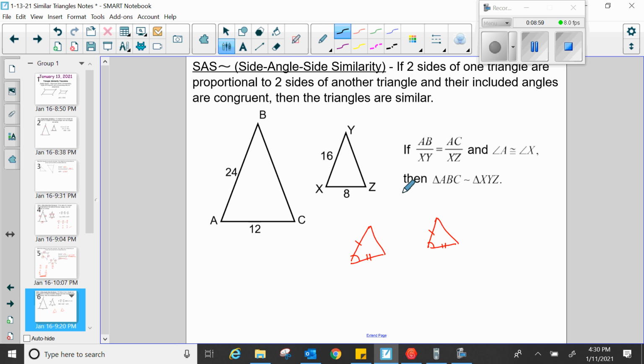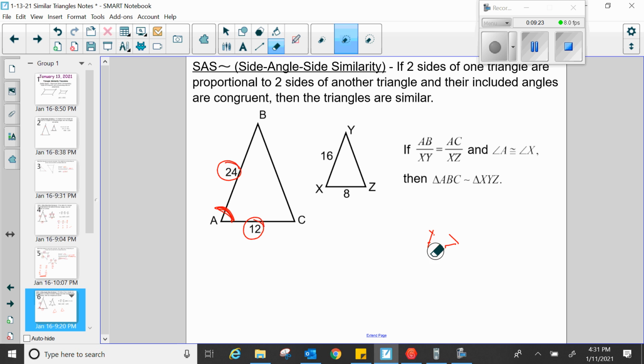You're still going to be looking at the 2 sides and the included angle, but instead of the sides being congruent to each other, for example, 24 and 24, we want to check to see if they're proportional to each other, meaning this fraction, when you stack 24 over 16, has to be the same as this fraction when you stack 12 over 8. So that is the difference here.